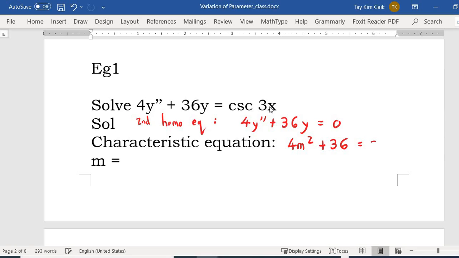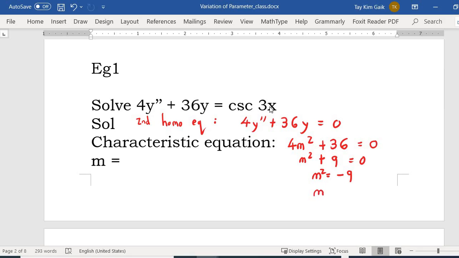One. Yeah, be careful. Some of you will tend to replace this by m. So y is replaced by 1. And then you simplify, so m squared plus, divide by 4, plus 9 equal to 0. You have m squared equal to negative 9.